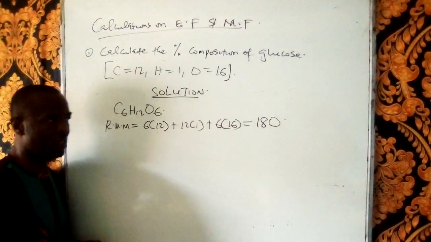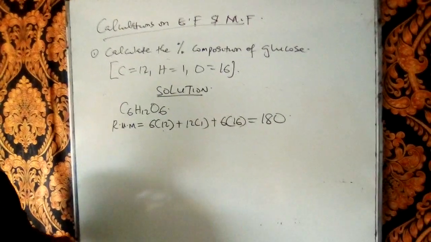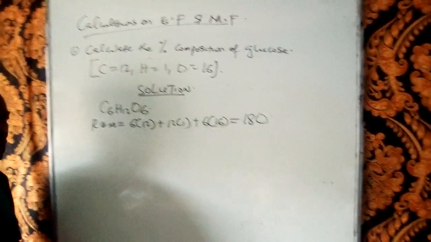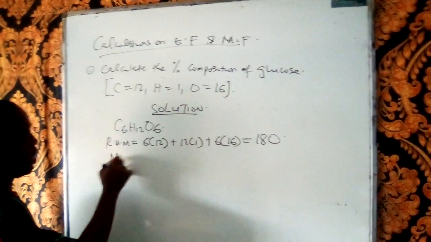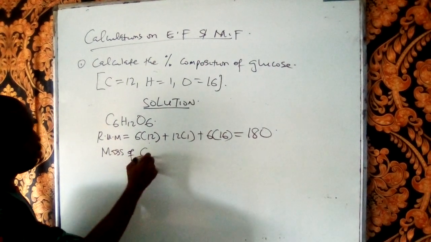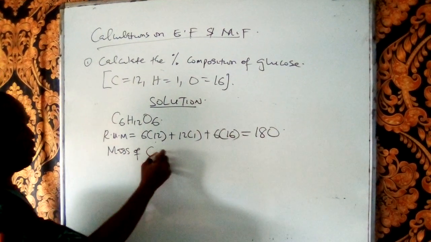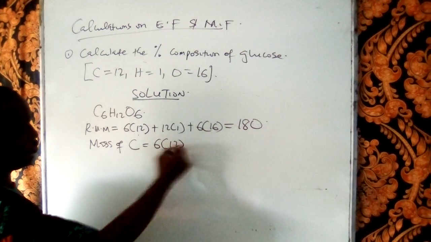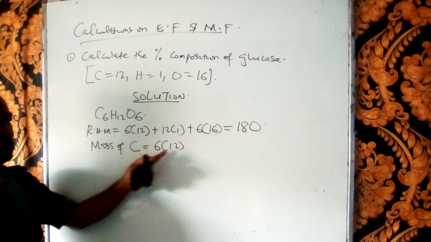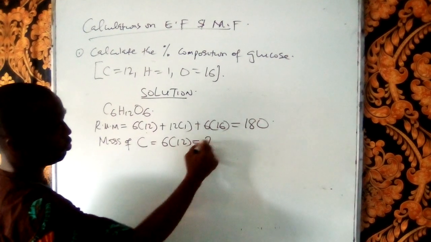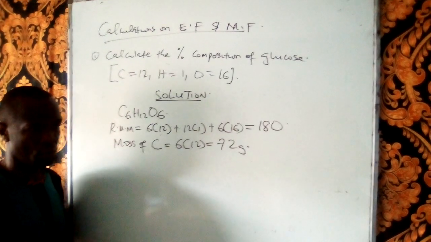So I'm trying to find the percentage of each element in this compound. Then I'm going to find the mass of carbon in glucose. Mass of carbon is going to be 6 times 12, which gives us 72 grams of carbon in glucose.